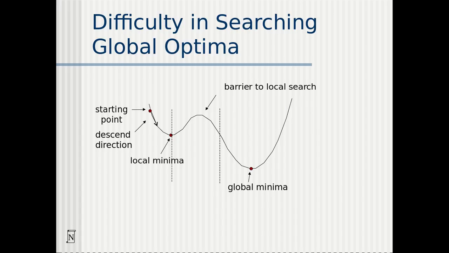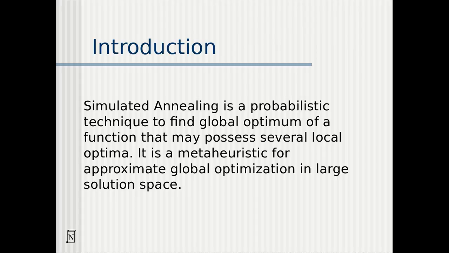So simulated annealing is basically a local search optimization technique used to find global optima of a cost function. By definition, simulated annealing is a probabilistic technique to find the global optimum of a function that may possess several local optima.